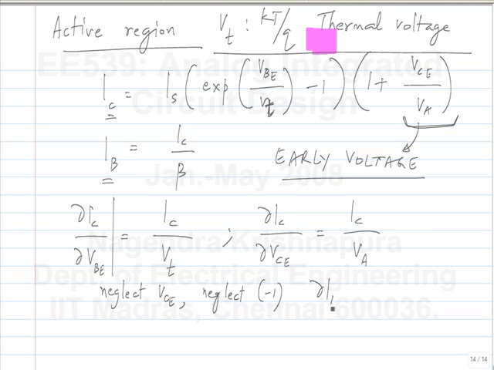And what is this? So IB is this. And you also have another derivative, dou IB by dou VCE, that's usually neglected in the model.